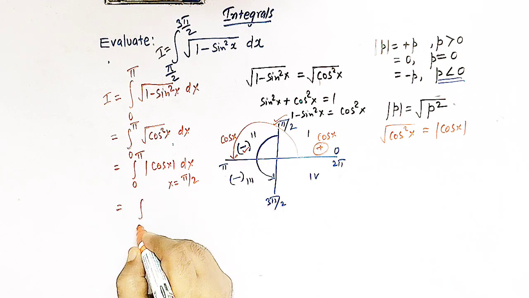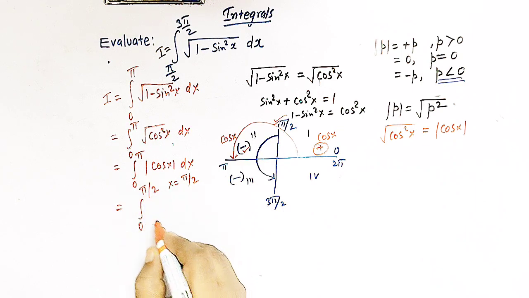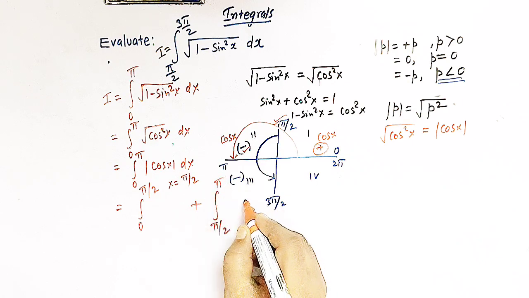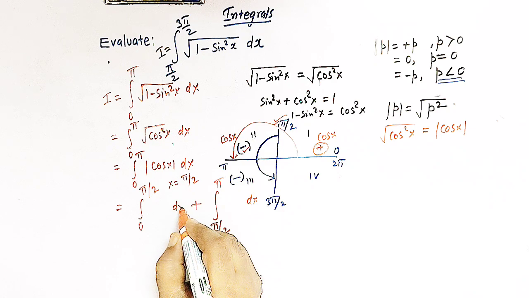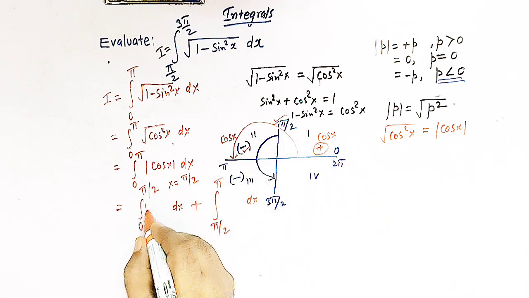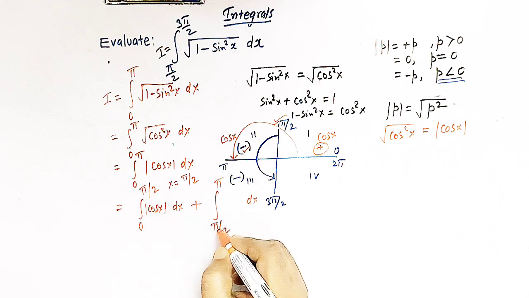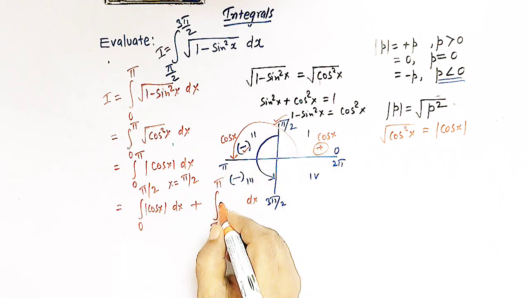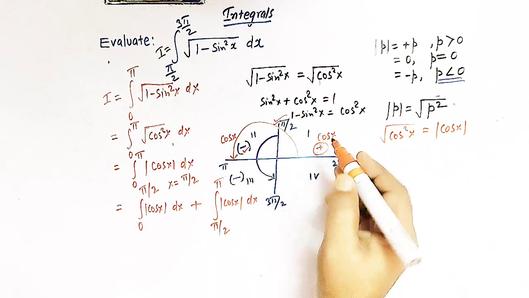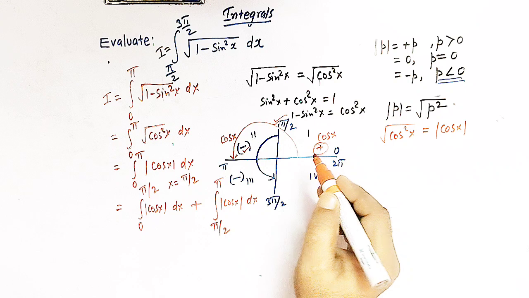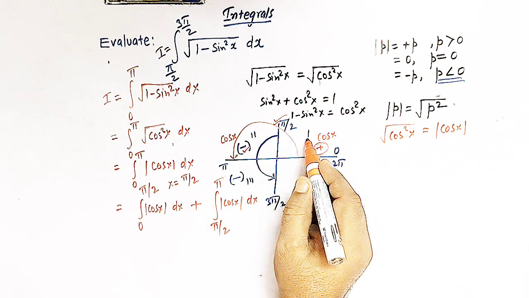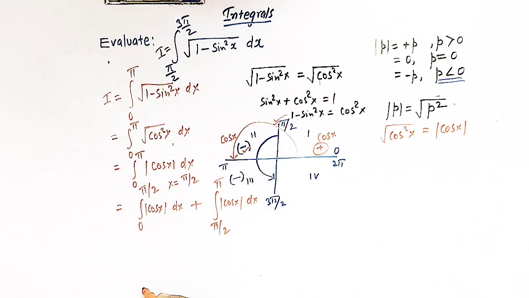So we write 0 to pi by 2, and then pi by 2 to pi, and here we have dx, and when we go from 0 to pi by 2, we have mod of cos x, and when we go from pi by 2 to pi, we have mod of cos x, right? So here the sign of the cosine function is changing from positive to negative as we traverse from the first quadrant to the second quadrant, right?